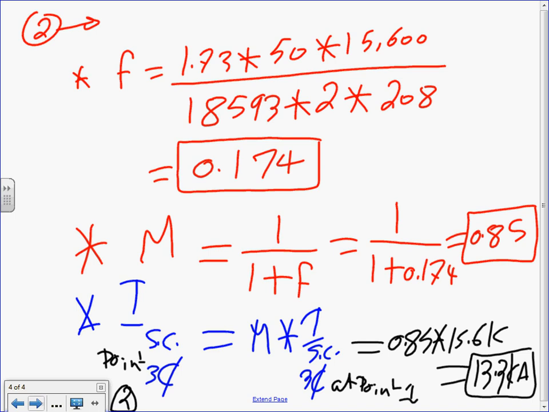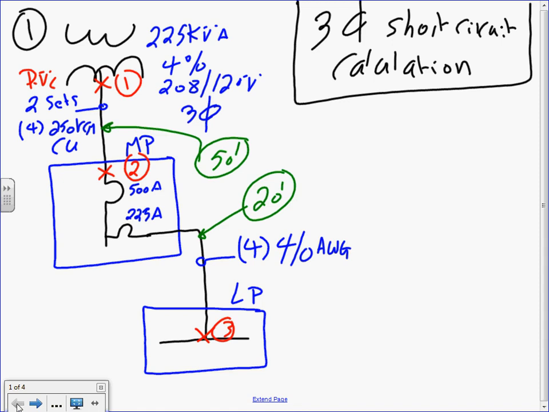Any questions, any comments? Okay, so I'm going to go back here, and I'm going to write the following, my friends. The short circuit right at this point was 15.6K.